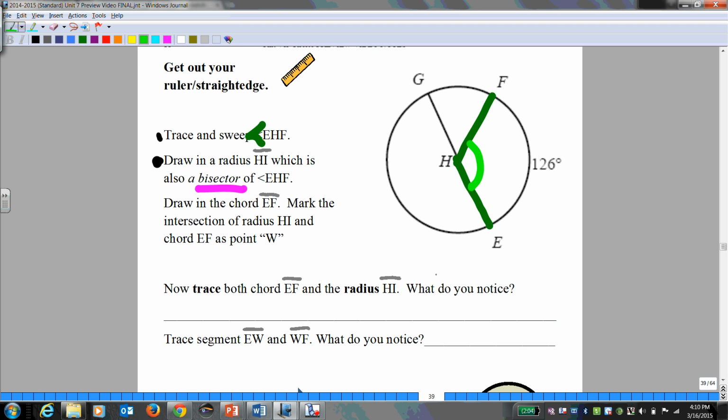We're supposed to trace and sweep EHF. Now we're going to draw a radius HI so that it cuts EHF in half. So that's being cut in half. There's a bisector. And this is HI.